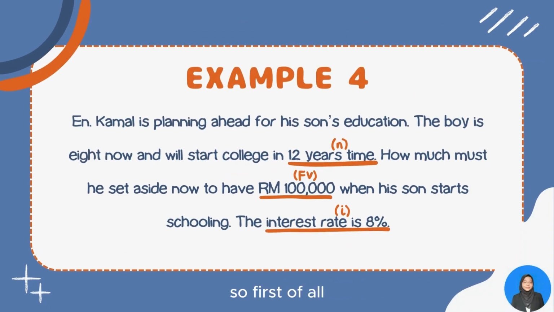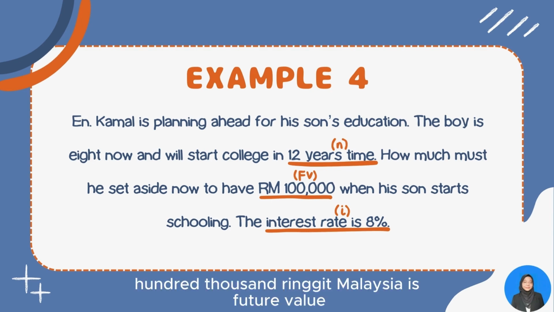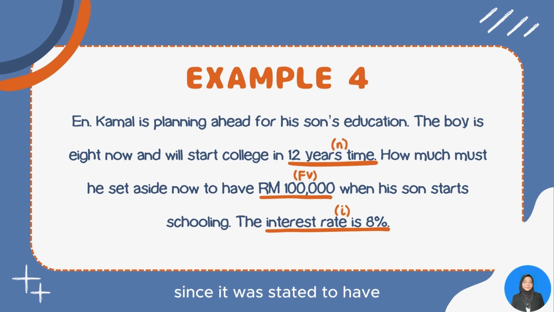First of all, we need to identify the information given. 12 years' time is n, the number of periods. 100,000 ringgit Malaysia is the future value, since it was stated to have when his son starts schooling, and 8% is the periodic rate.